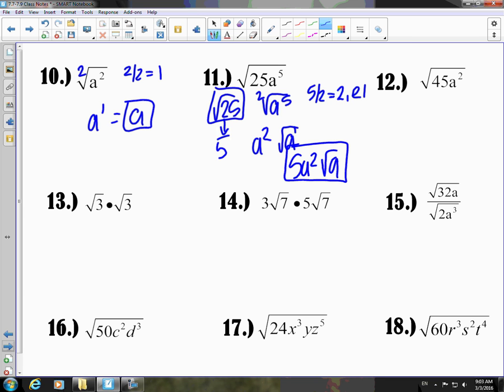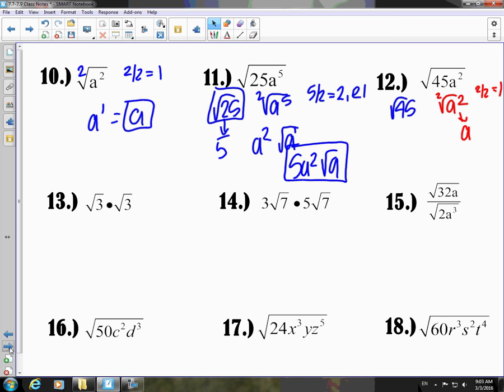Okay, now number 12, I'm going to break it up. So I'm going to have the square root of 45 over here, and then I'll do the square root of a squared over there. Okay, well, there's a little 2 there, so 2 divided by 2 is 1, so that just simplifies to a.